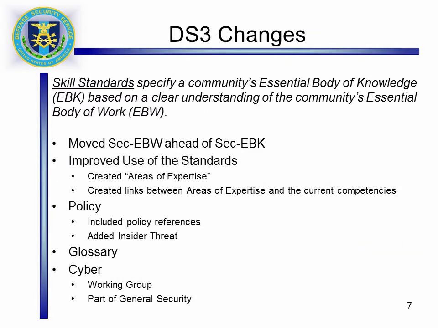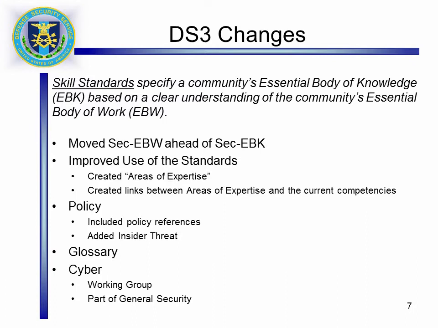On your slide, you'll see a direct quote from the skills standards. The skills standards specify a community's essential body of knowledge, EBK, based on a clear understanding of the community's essential body of work, EBW. This quote from the DS3 makes it clear that the user must understand the essential body of work, or EBW, to apply the essential body of knowledge, or EBK.